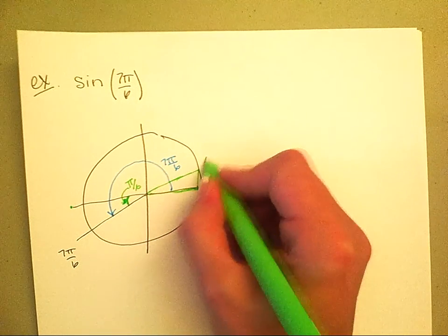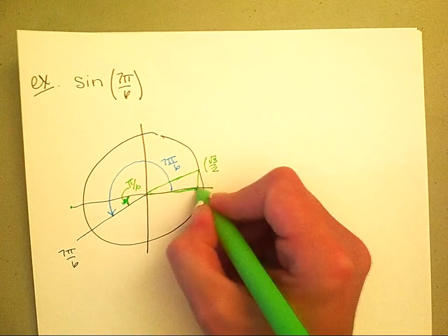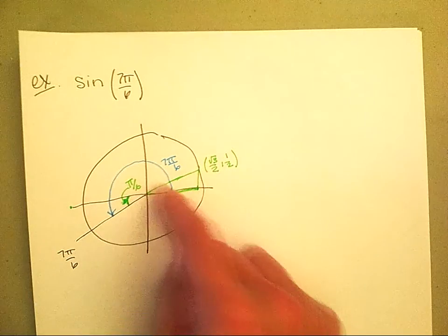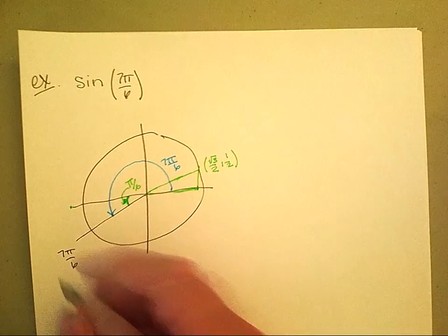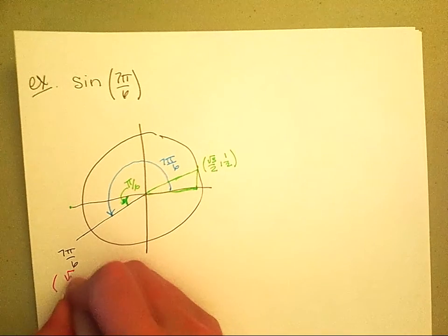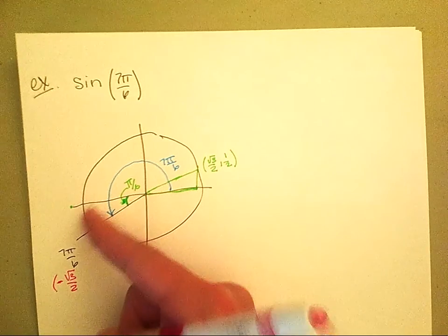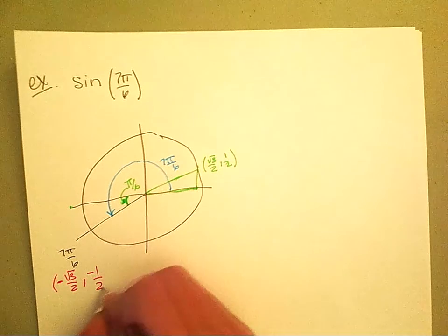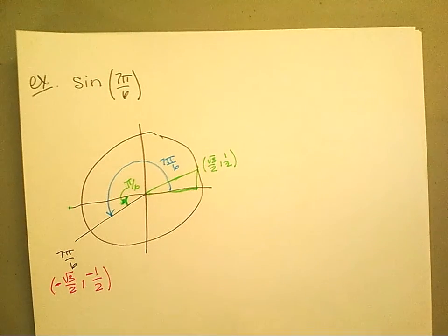Now the way I do it is I say, okay, the long side of the triangle is square root of 3 over 2, and then I go up 1/2. And then I just remember if I was going to flip this, then I would still have to go negative, or square root of 3 over 2, negative, to be in the third quadrant, and then to come down would also be negative 1/2.